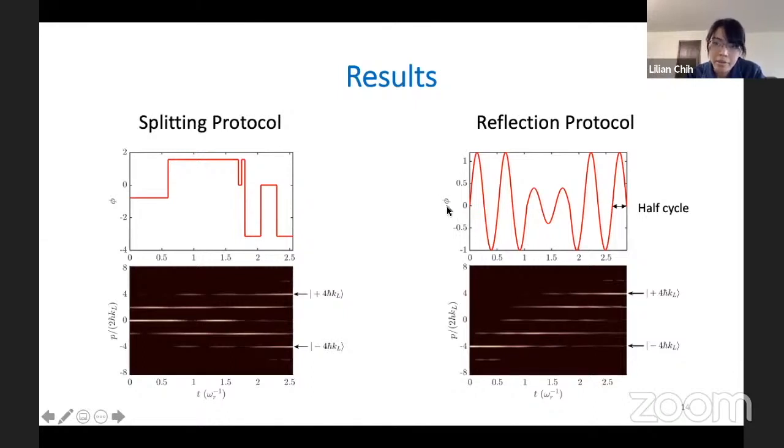And to test the efficacy of this shaking function, we first prepare the state in the -4ħk state. And we can see that after applying this protocol, most of the population is transferred to the +4ħk state, as expected from a mirror.